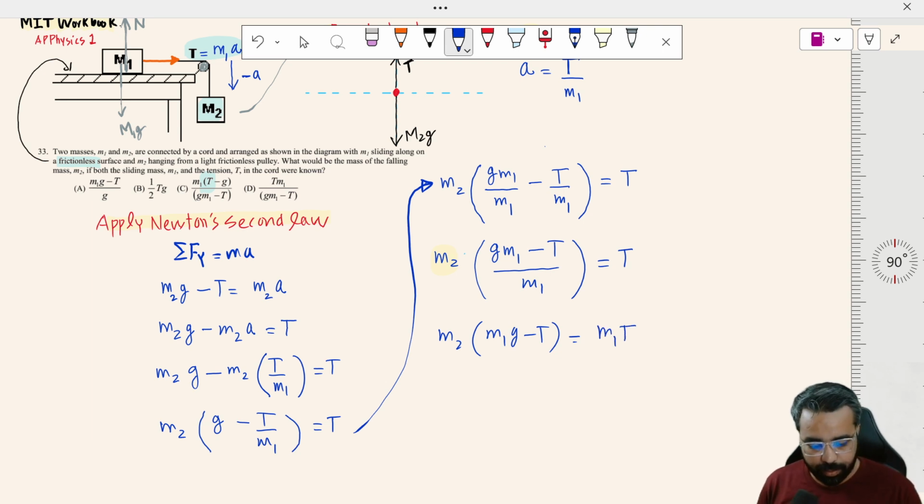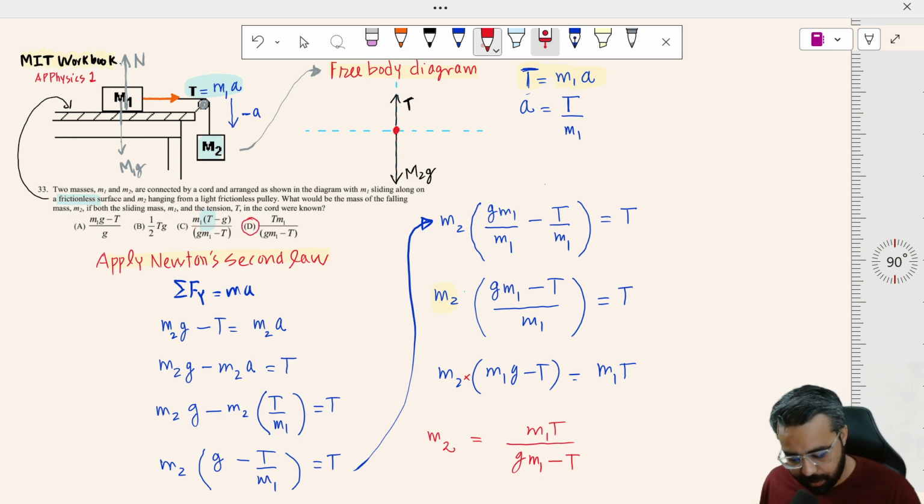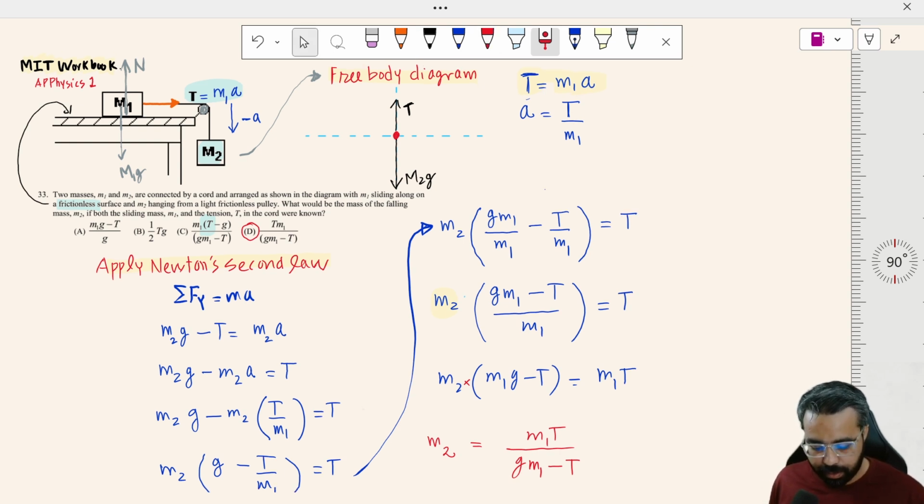Now it is multiplying, so you can divide this term on both sides. Students, finally, the unknown mass m2 is m1T over gm1 minus tension T. Hence, option D is the only answer that matches our calculation, and I hope you understand this question.